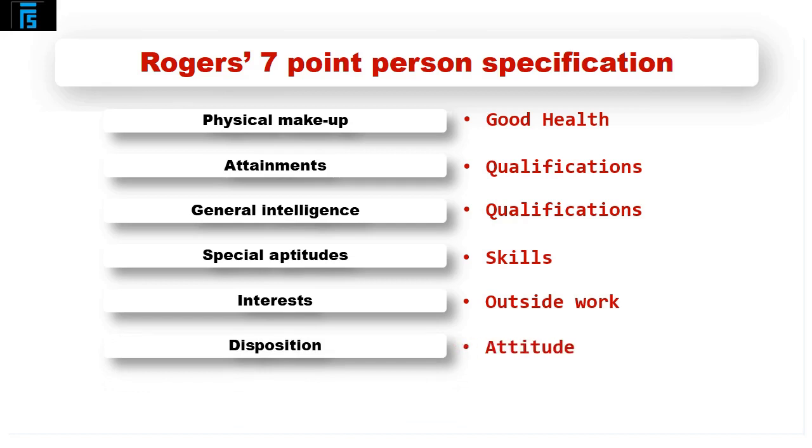Now, one of the things that you have to think about, if you wanted to recruit somebody to be a lecturer, one of the things they have to be able to do is to stand up in front of groups of people and talk to them. Now, throughout my career as a lecturer, I've spoken to some very small groups of students. The smallest group I've ever spoken to is one. So I've had one student in the class. The biggest I've ever had is about 400.